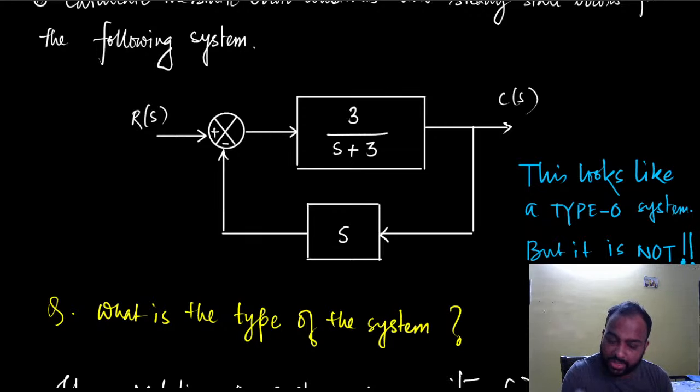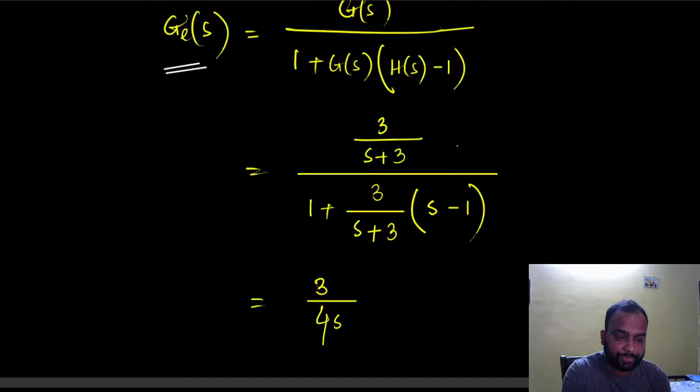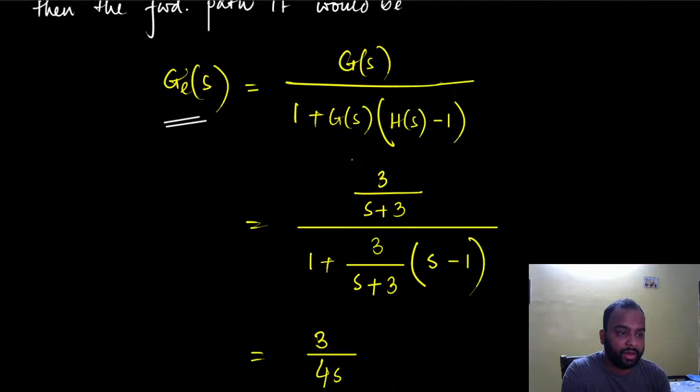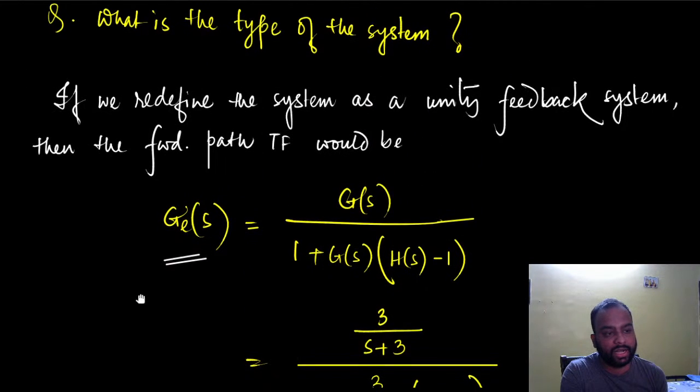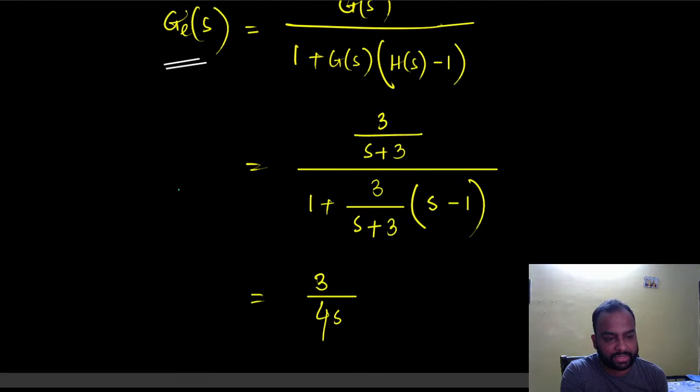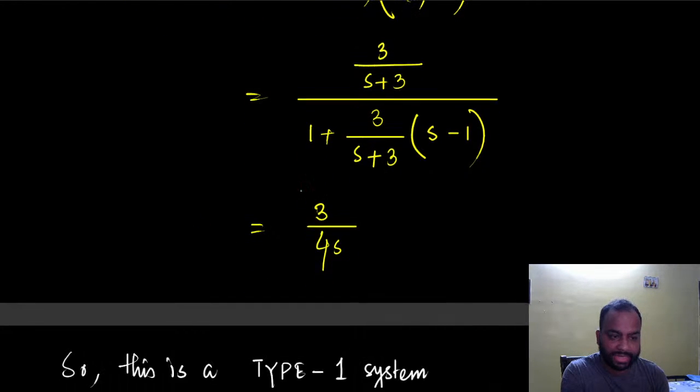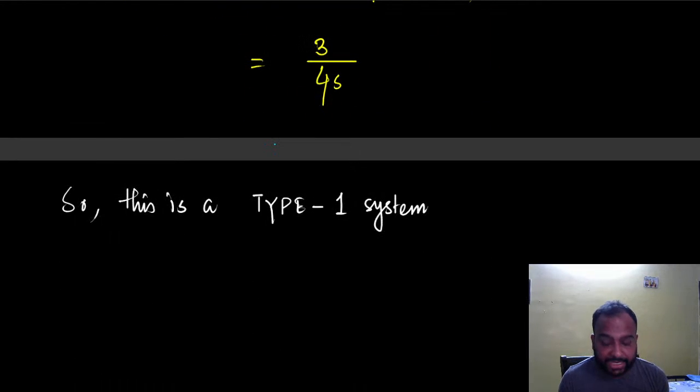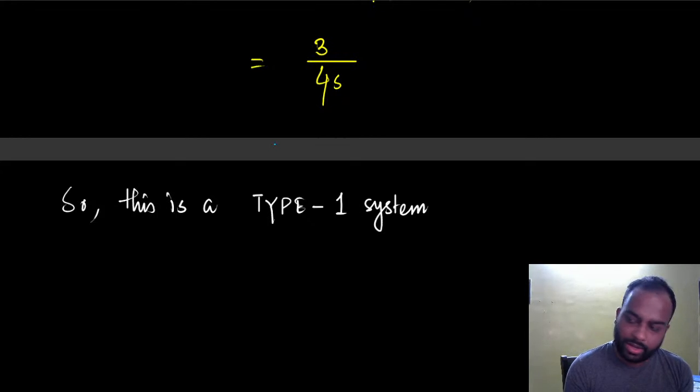It looks like a type 0 system, but it is not, because if you calculate the forward path transfer function after you turn this into a unity feedback system, this is what you get. Okay, and that's a type 1 system. And by nature, we know a type 1 system will be able to follow a step input correctly. Okay, got it?